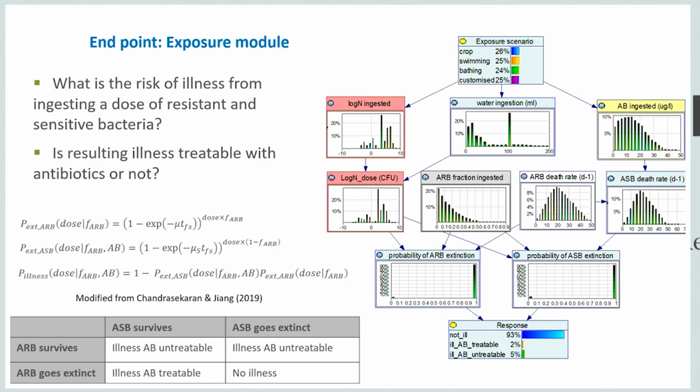Basically, if you're starting with exposure, there are different types of exposure that lead to ingesting a certain amount of water, and given the amount of water ingested, you end up with a dose. The dose then feeds into the probability of being resistant, of the number of resistant bacteria in that dose, feeding into a probability of extinction of the resistant bacterium in the body or no extinction.